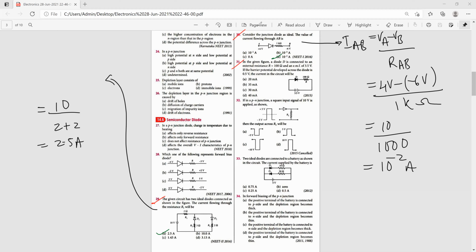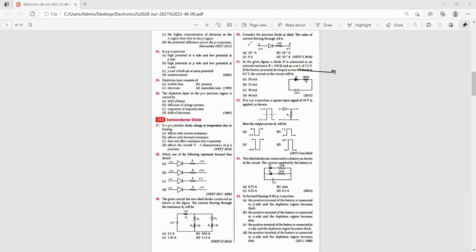31. In the given figure, a diode D is connected to an external resistance R equal to 100 ohm and EMF of 3.5 volts. If the barrier potential developed across the diode is 0.5 volts, the current in the circuit will be: 20, 35, 30, or 40, they have given. The potential difference across the resistance is given by V equal to 3.5 volt minus 0.5 volt.